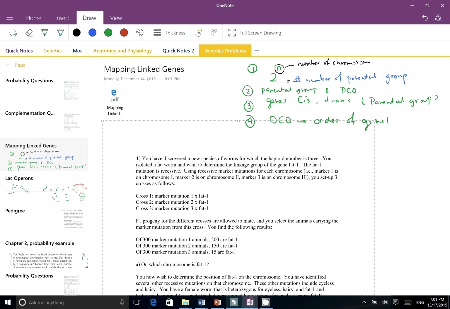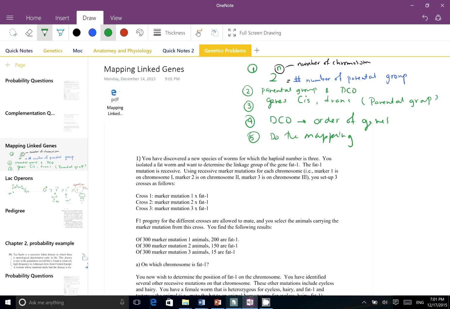And then number 5, obviously do the mapping. So 5 very easy, straightforward steps, and I just want you to know those steps.